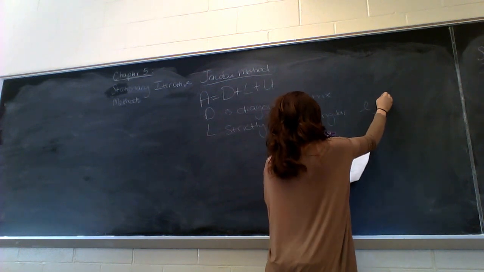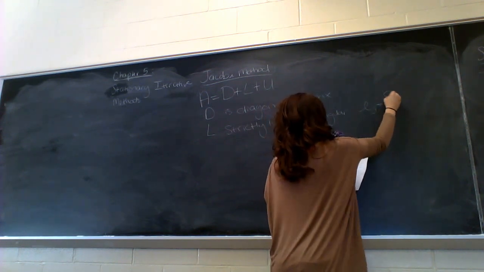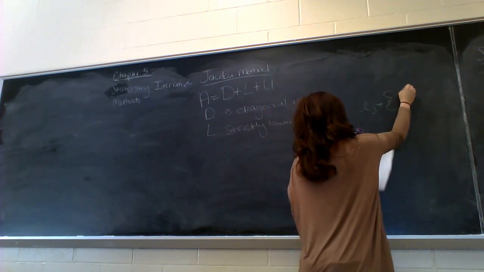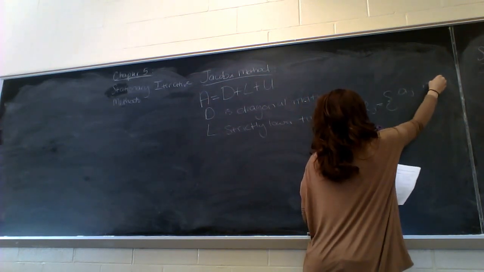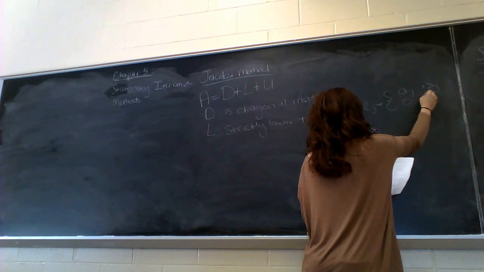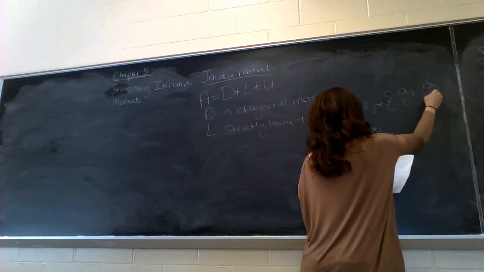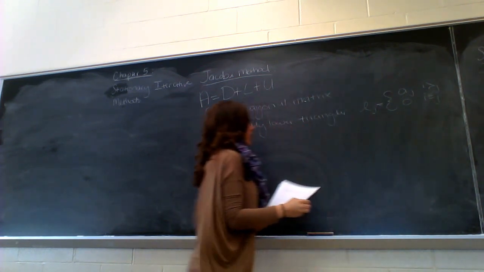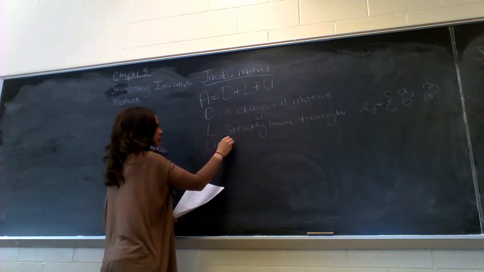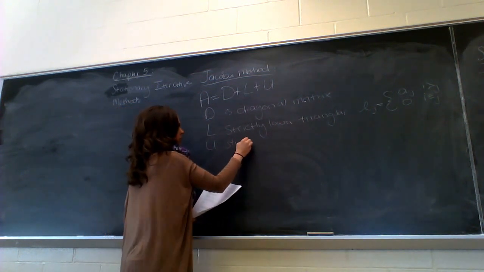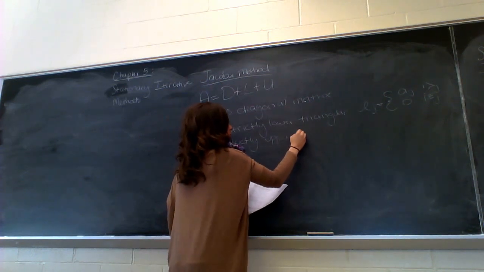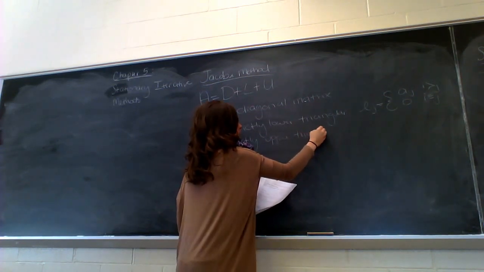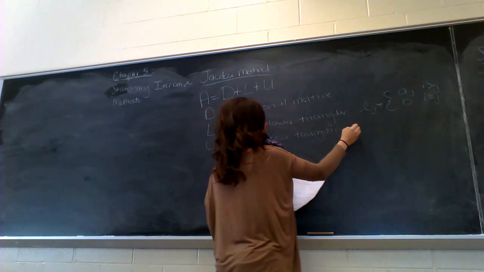Where the elements L_ij are equal to a_ij where i is greater than j, and 0 if i is less than or equal to j. And then, of course, U is strictly upper triangular.